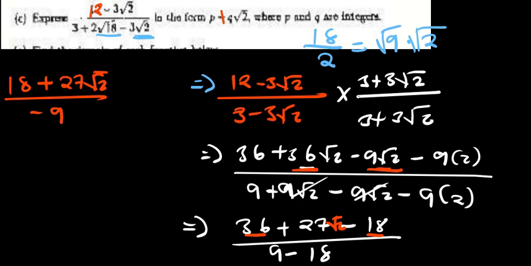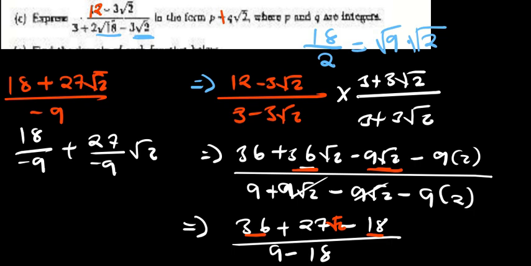Now we have 18 divided by negative 9 plus 27 divided by negative 9 root 2. The next thing that you do, divide them. This one there is 2. This one there is 3 root 2. This is the answer.